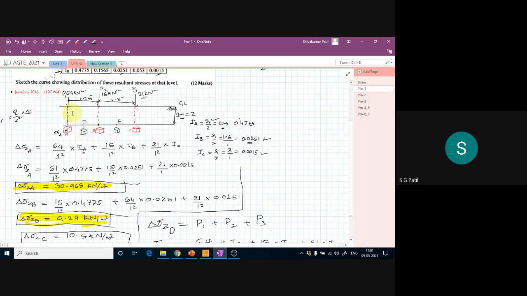How much is P3? 21 kilonewton. So 21 by 1 square, that is Z square, into the influence factor IP3. Now, what is IP1?